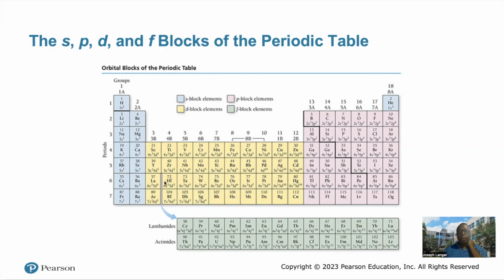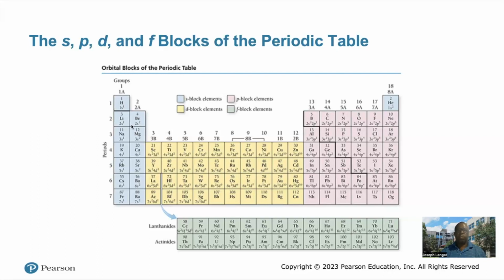So these are the blocks of elements. When we say blocks, it depends on which last electrons go in. If the last electrons end in the s sublevel, we say that element is an s block element.